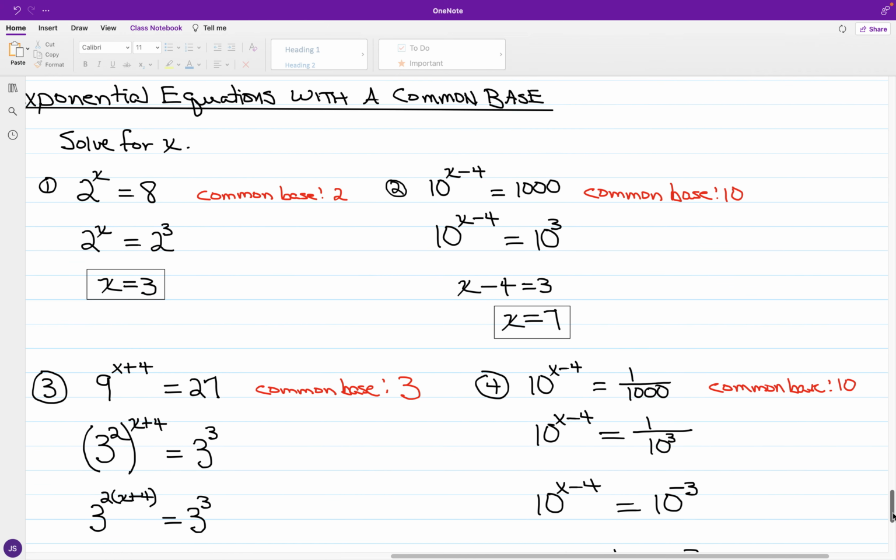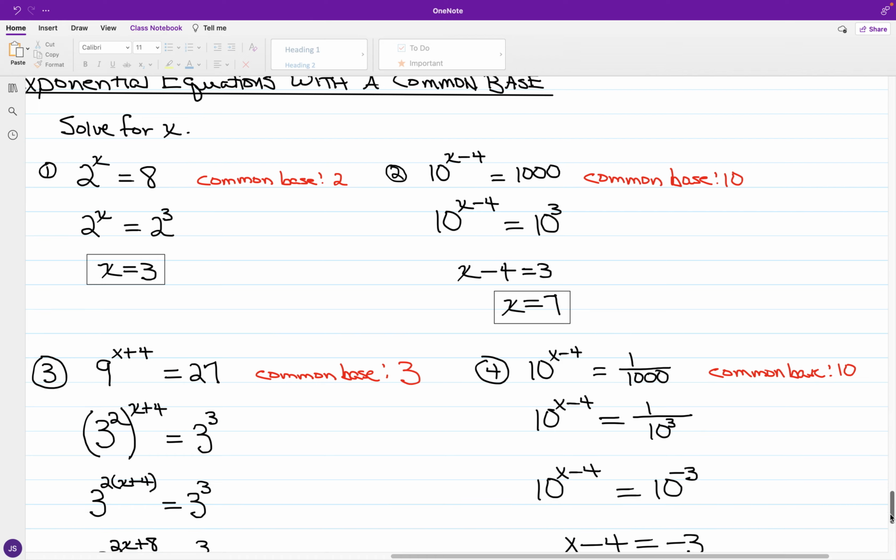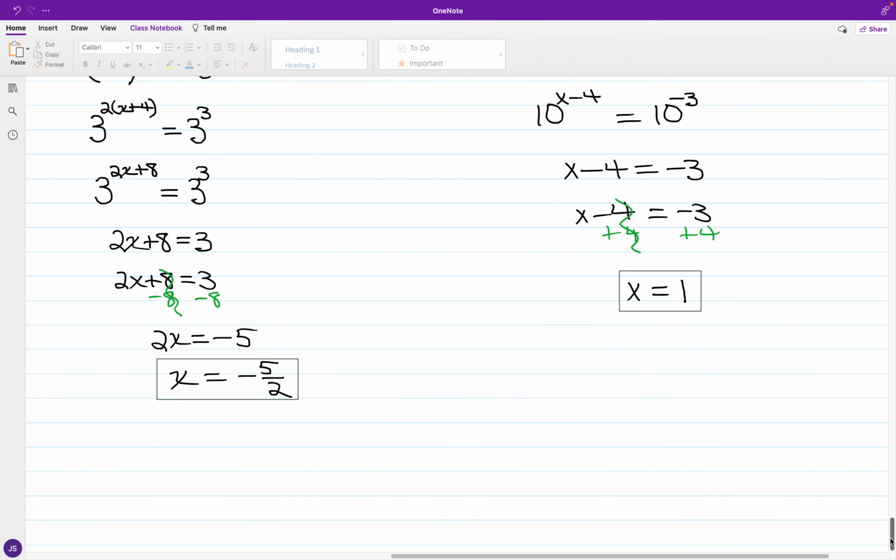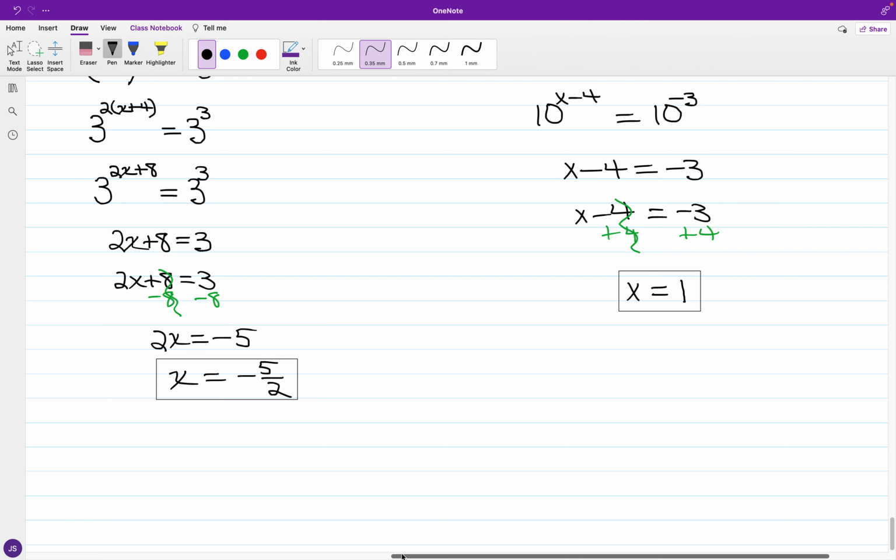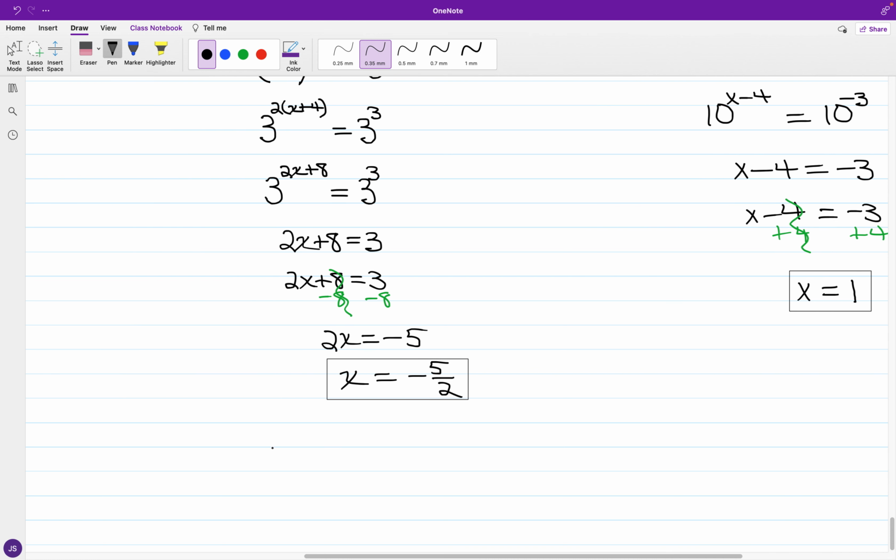All right, so at this juncture, I've had single terms on both sides of the equation. And now we can have some exponential equations with a common base that start out with 2 or more terms on either side or both sides of the equation. Now I'll give you just kind of a case here.